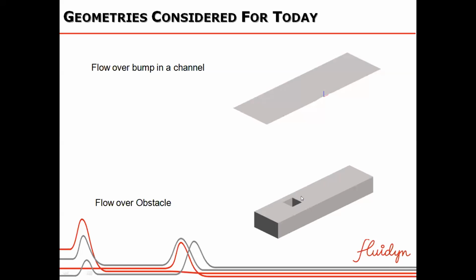These geometries will be sent to you at the end of the session as well as the tutorials, so that a user can use them for his own practice. This is a small presentation we had for this session. Then we will quit this presentation and directly jump into the software part.